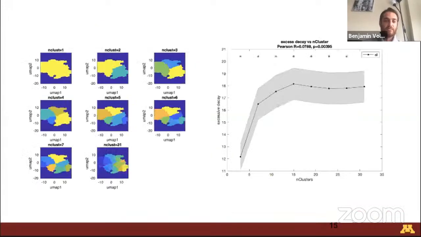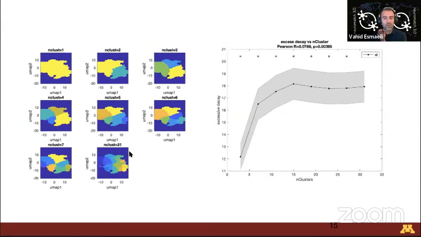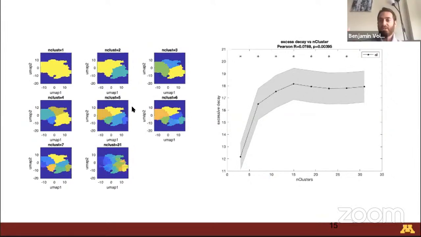Yeah, that's actually a great question. I've got a figure for this. One thing that we can do is a sort of naive reclustering. We take our 31 states, our embedding space, and then try to recluster it into different numbers of clusters. This is kind of what the clusters look like. And then we look at the eigenvalue decay, right? And what we see is it pretty much doesn't matter.